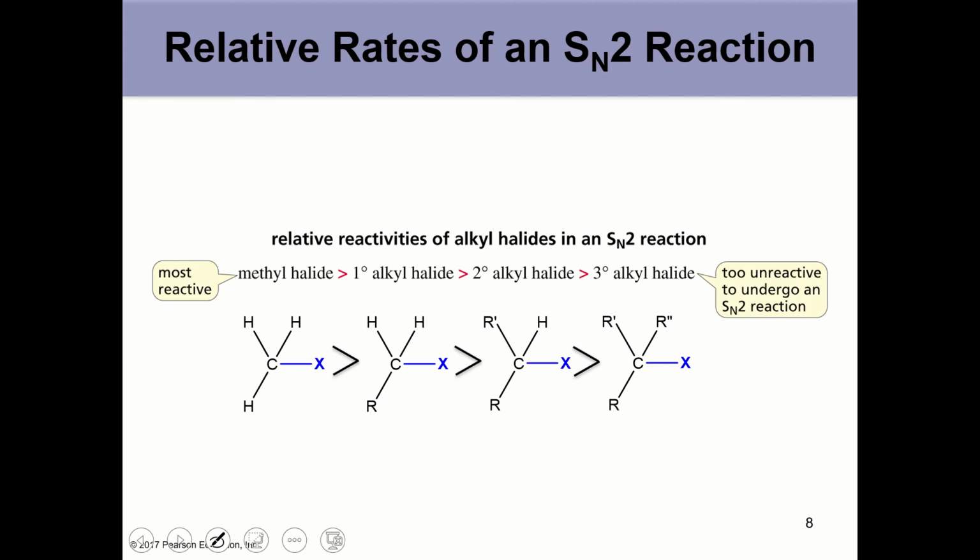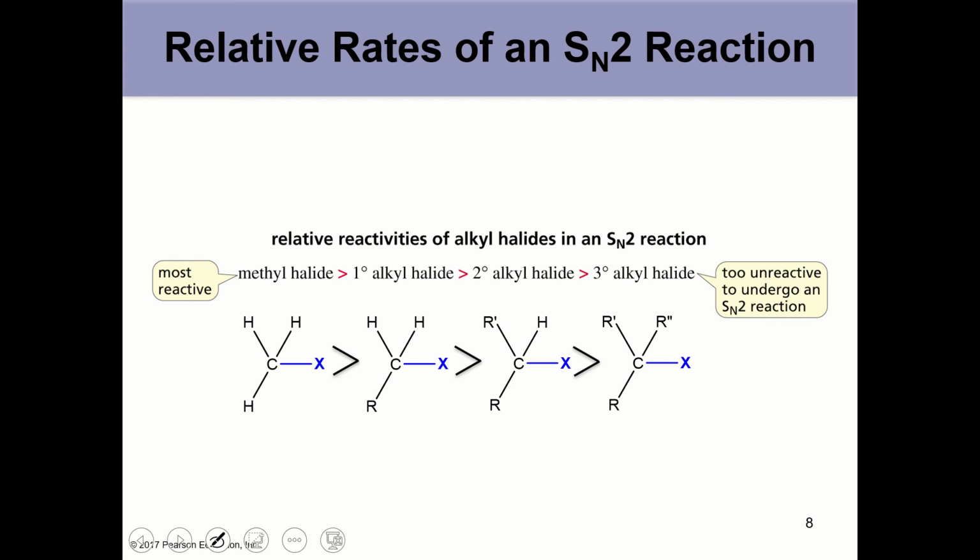All right, so now let's look at the relative rates of an SN2 reaction in terms of the alkyl halide. So here we go. Relative reactivities of alkyl halides in SN2. A methyl halide is the most reactive, followed by a primary alkyl halide, a secondary alkyl halide, and then a tertiary alkyl halide is too unreactive to undergo an SN2.